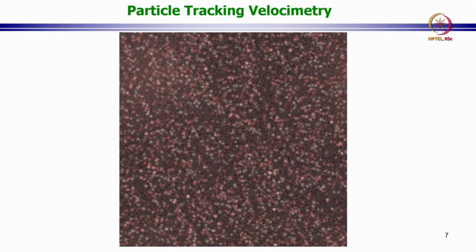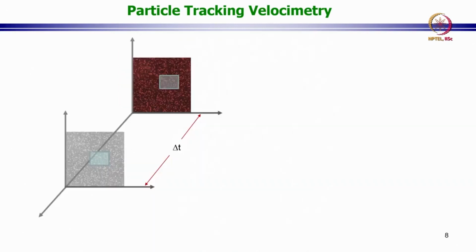I had also told you before that here it is going to be very difficult to identify different particles. So the idea is no longer to do particle tracking velocimetry. You are not supposed to track particles, but you are supposed to be tracking some type of a waveform. So in order to do that, what we are going to do is we are going to take these two images.